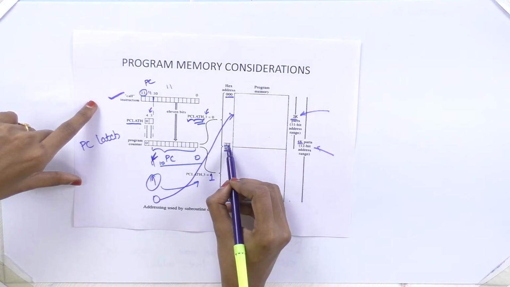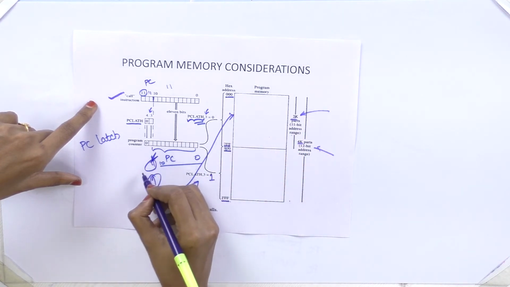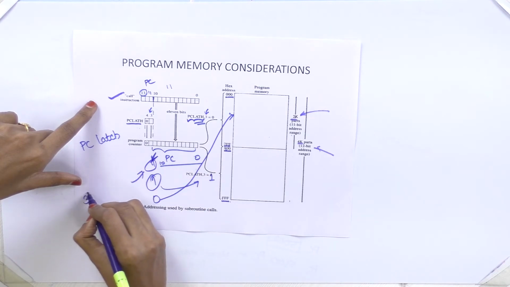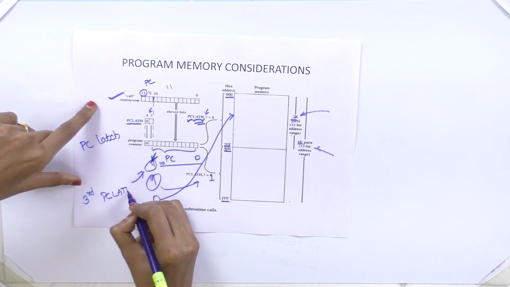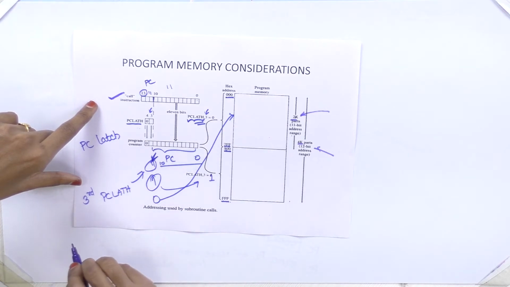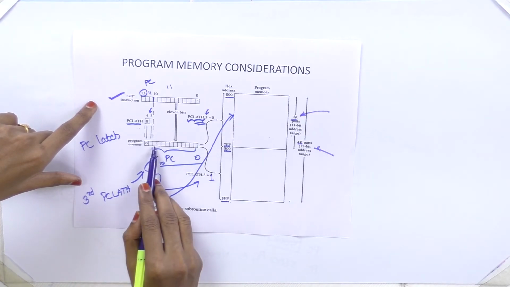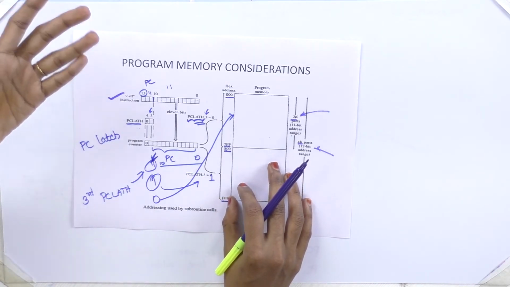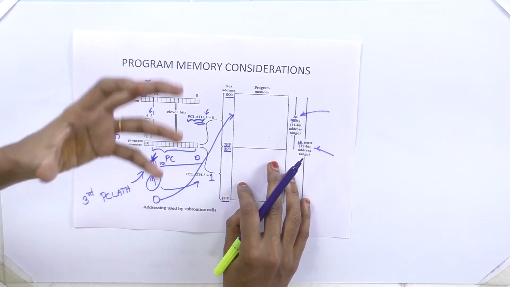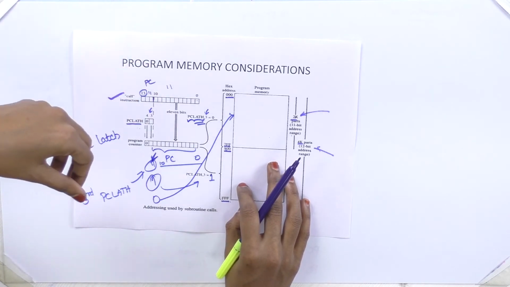This 11th bit you take from the third bit of the PC latch register. So that's the concept here: your PC latch register's third bit will define whether you are accessing a 2K range of memory or a 4K range of memory.